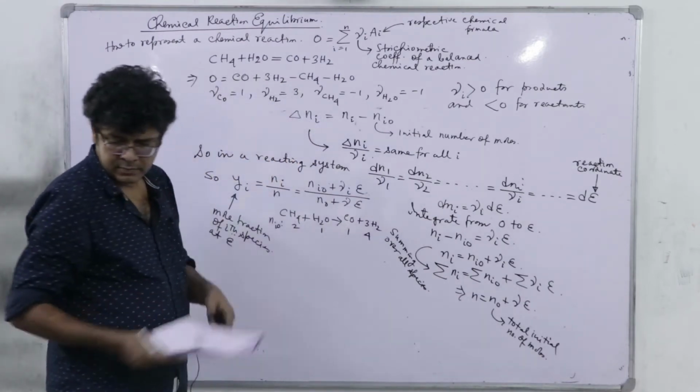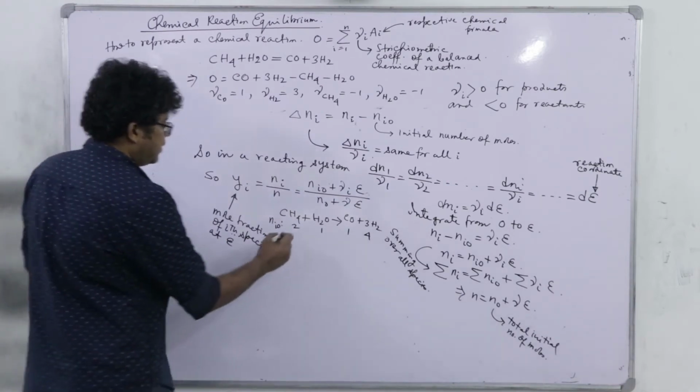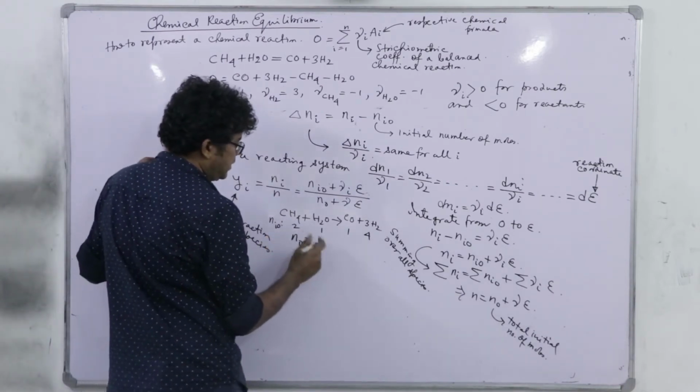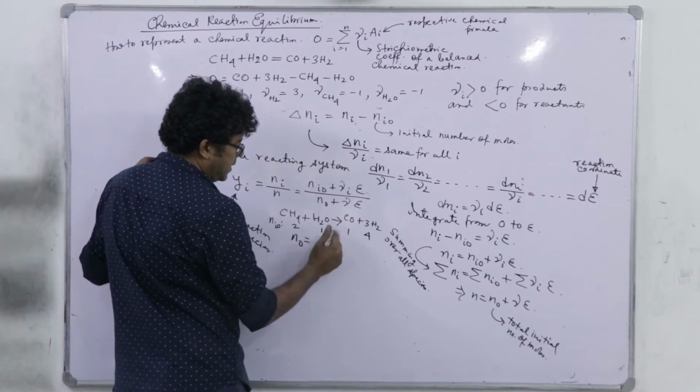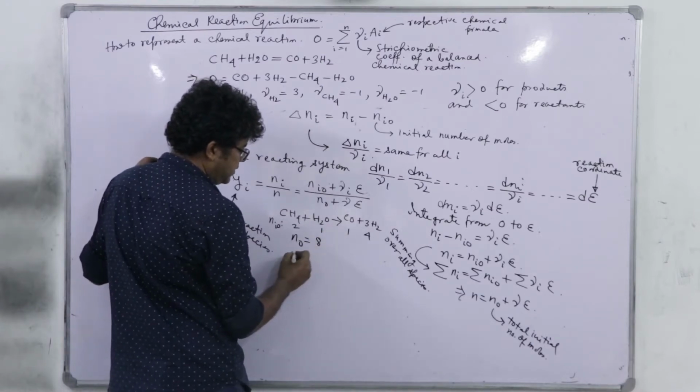And we have n0 equal to 2 plus 1 plus 1 plus 4, that is 8, right?